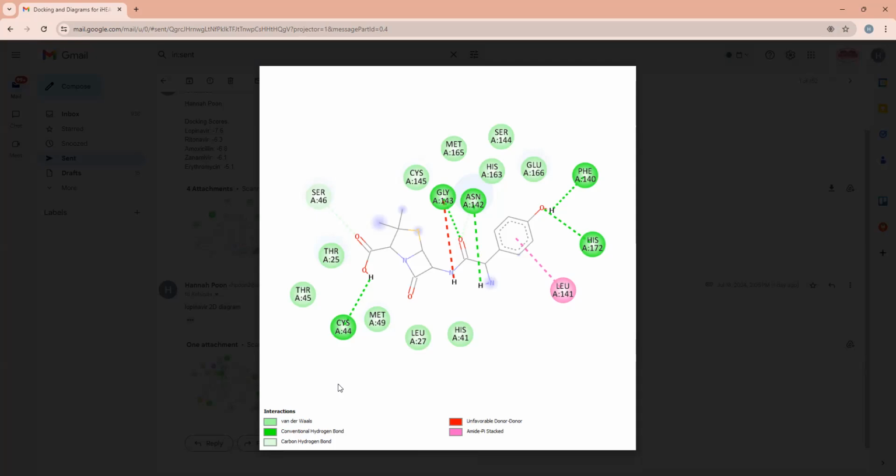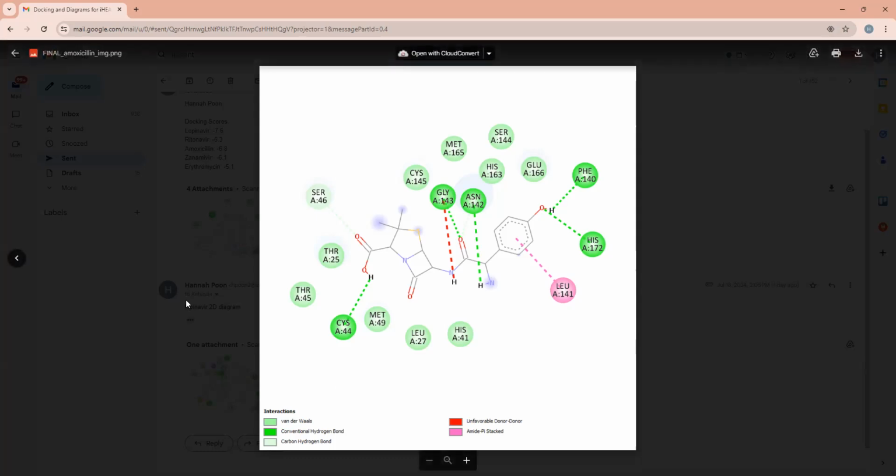Why do we now have a difference in binding energy? The reason is that even though they have the same number of amino acid interactions, there are some stronger bonds present in lopinavir but not present in amoxicillin. So now let's look at it.